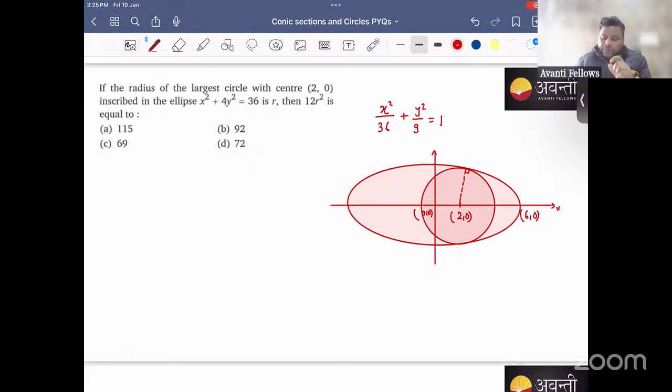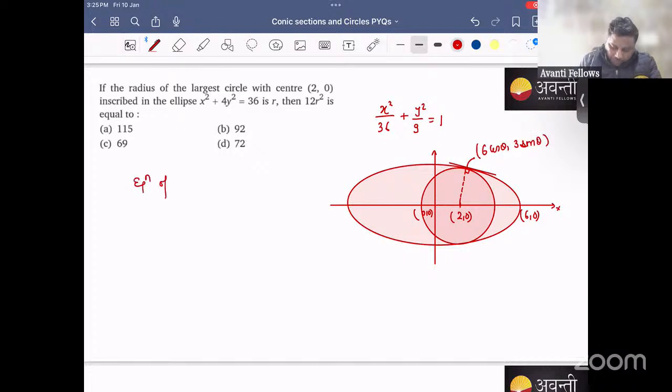Got it? Now see, this is going to be a common normal for the circle as well as for the ellipse, because they will be sharing a common tangent here. So let us assume this point is (6 cos θ, 3 sin θ), the parametric coordinates of the ellipse.